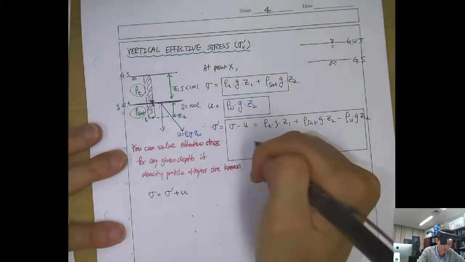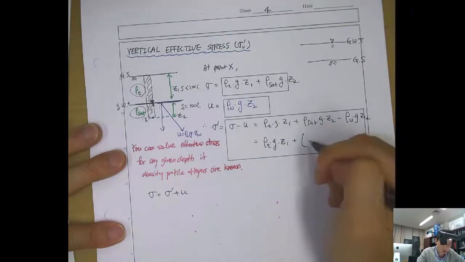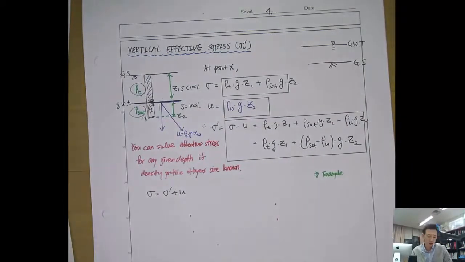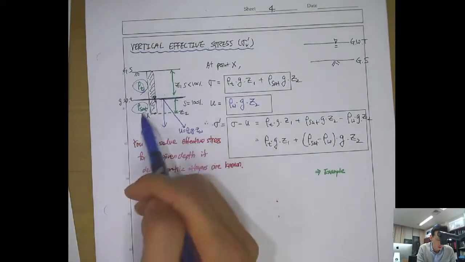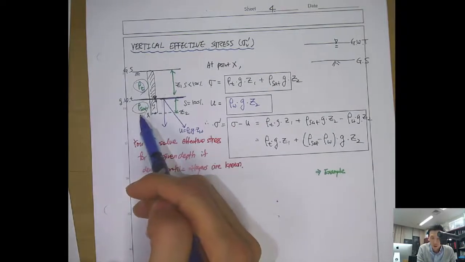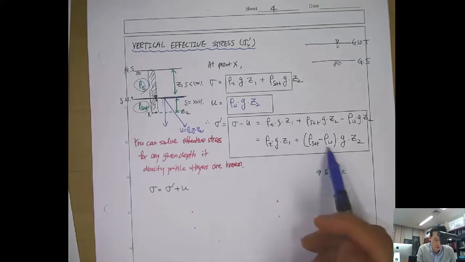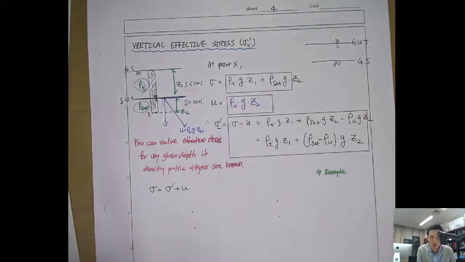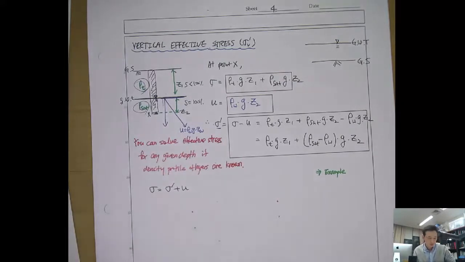And this becomes rho_t g z1 plus (rho_sat minus rho_w) times g z2. If you know the density in layer 1 and the density in layer 2, then you can plug in the numbers, rho_sat, rho_w and rho_t, and the depths z1 and z2. Then you can compute the vertical effective stress at the point X.